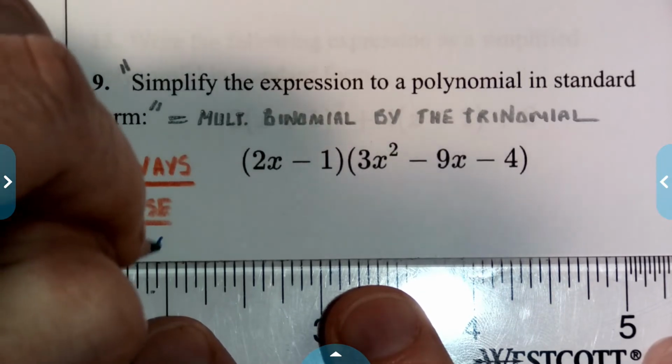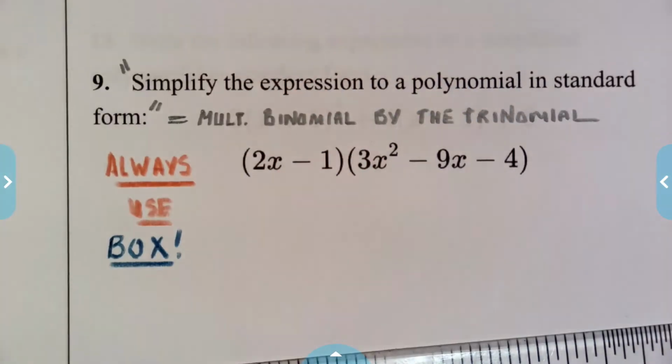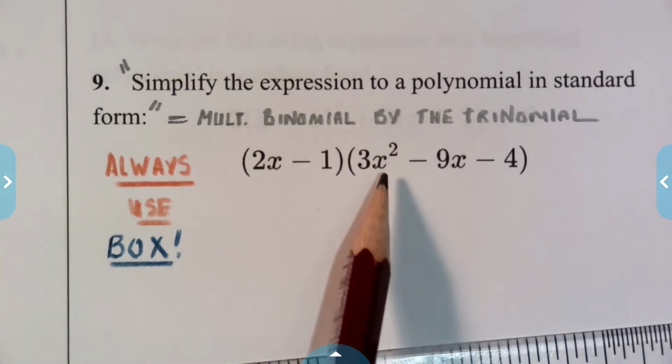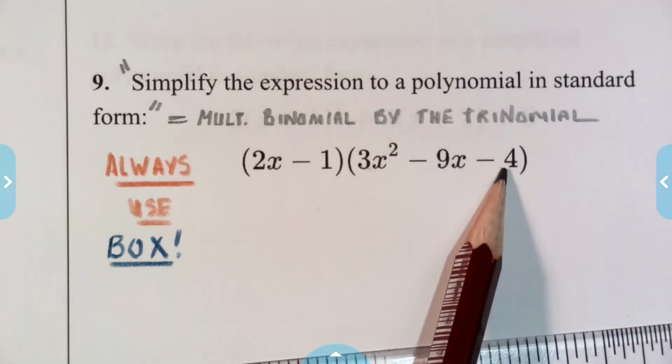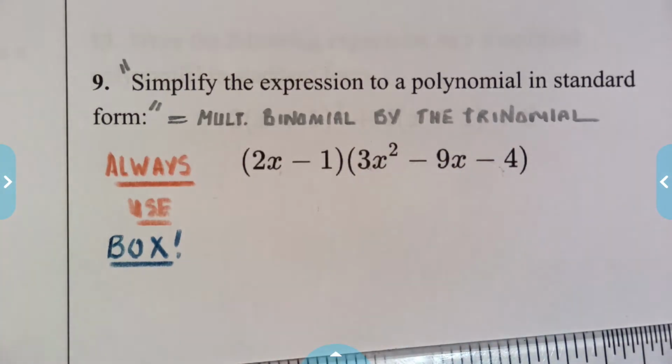There are other ways to do it, but none of them come close to being as error preventing as the box. So now think about the box for a second. We need 3 columns, because we got 3 terms, and 2 rows, okay? So 3 columns and 2 rows.